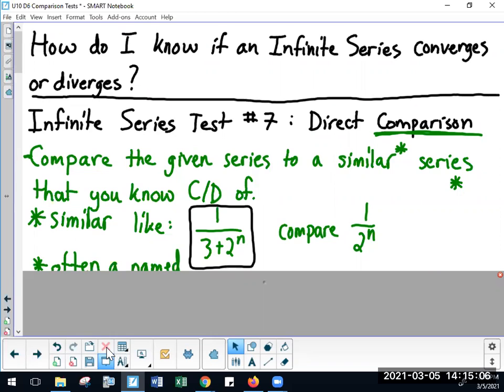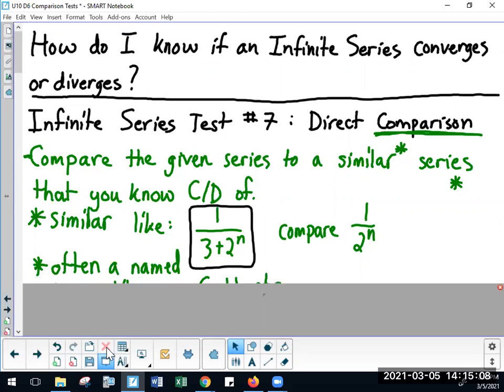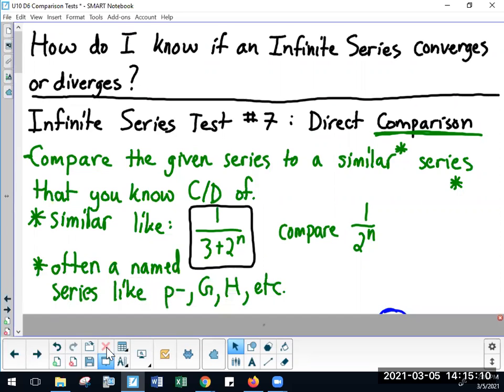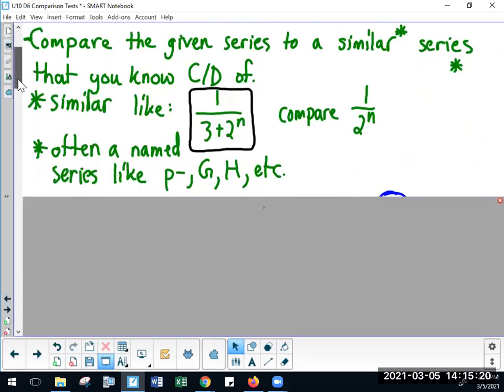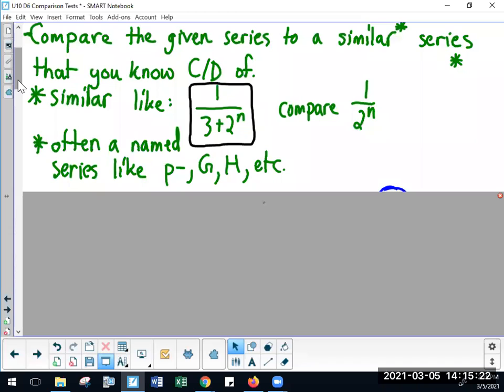In general, when you're coming up with these similar series, we are typically using those named series like we talked about before, like the P series, the geometric series, the harmonic series, although you can use the nth term test, the integral test, or any test on the series you're comparing to.